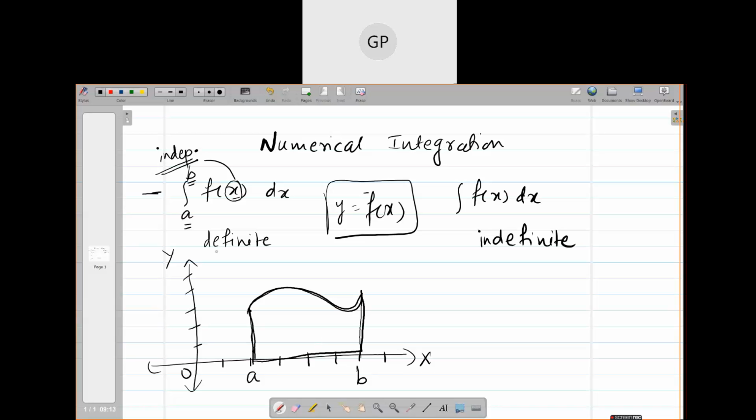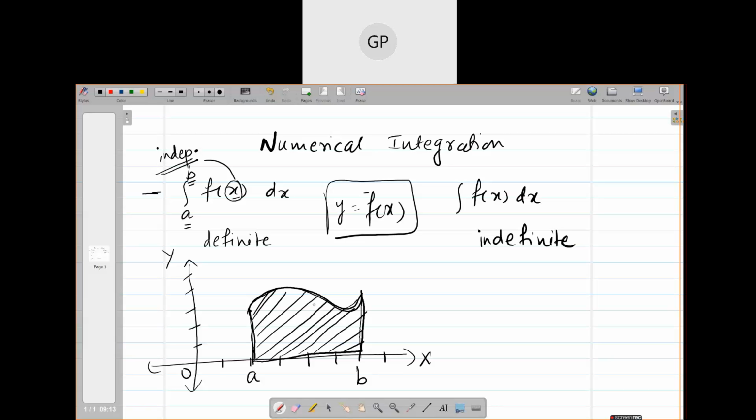And you want to find out the area under this curve, which is bounded by the positive x-axis, the two lines x equal to a and x equal to b, and the curve y is equal to f(x). So basically definite integration means the area under the curve bounded by the lines x equal to a and x equal to b.